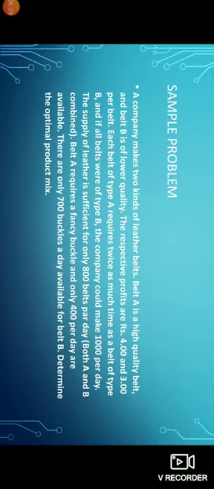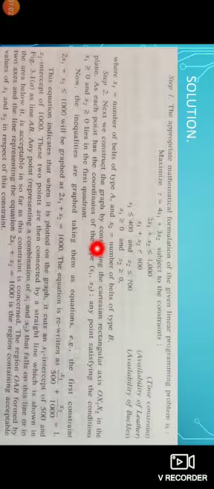Here, if all the belts were of type B, the company could make 1000 per day, and 800 belts per day, both A and B. That's why x1 plus x2 less than or equal to 800.